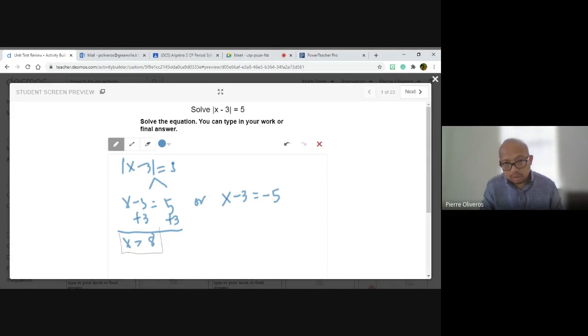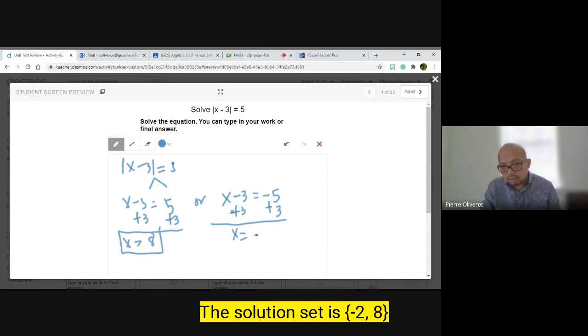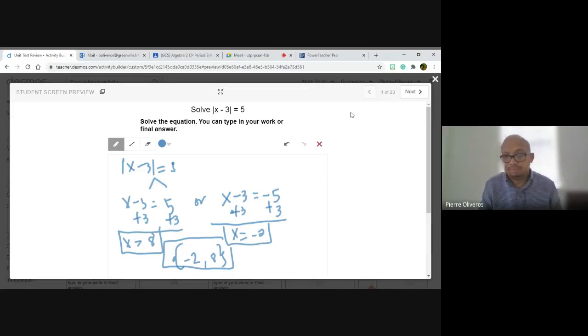That's one of the answers. Plus 3 here, plus 3 here. x is equal to negative 2. So the answers are negative 2 comma 8 in braces form. That means the solution set is negative 2 and 8.